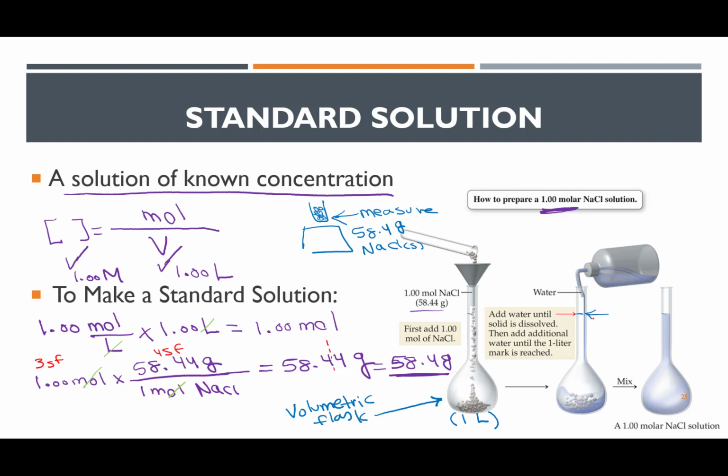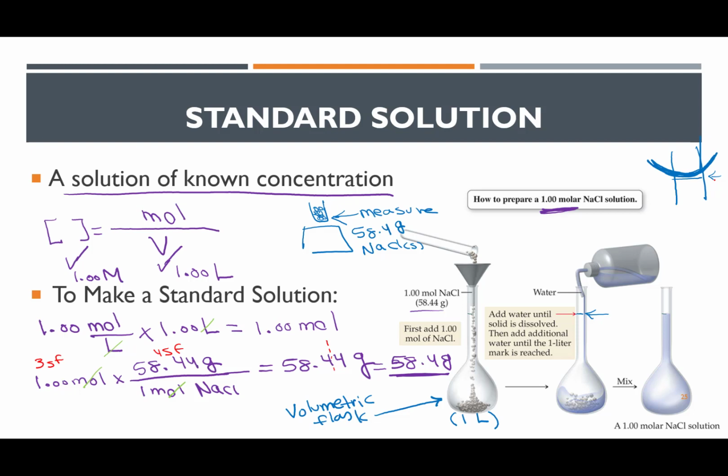That means you're going to fill the water so that the bottom of the meniscus of the water is in line with the line on the neck of the flask. That's what you want to see.